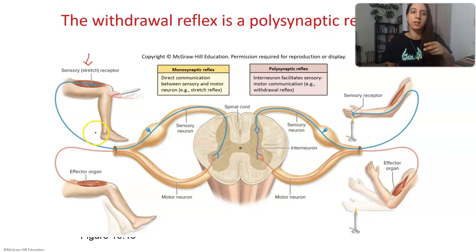In the case of the stretch reflex, you have direct communication between sensory neuron and motor neuron, so it's monosynaptic. It requires one synapse. In the case of the withdrawal reflex, you have an interneuron facilitating the communication between the sensory neuron and the motor neuron.